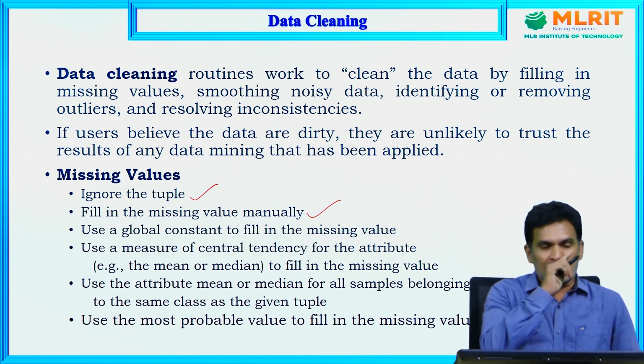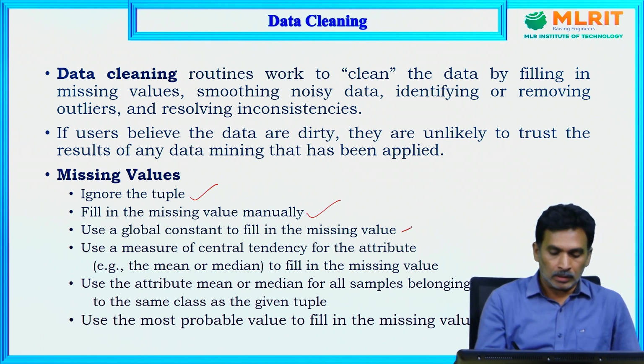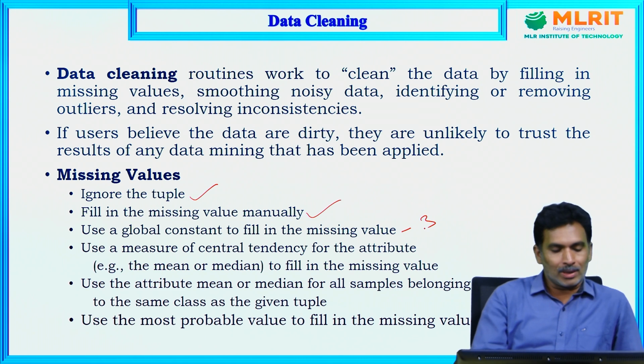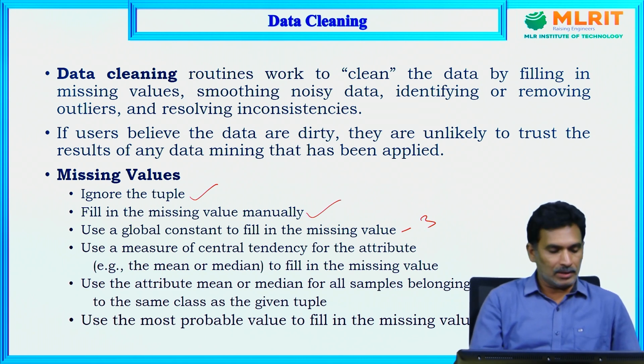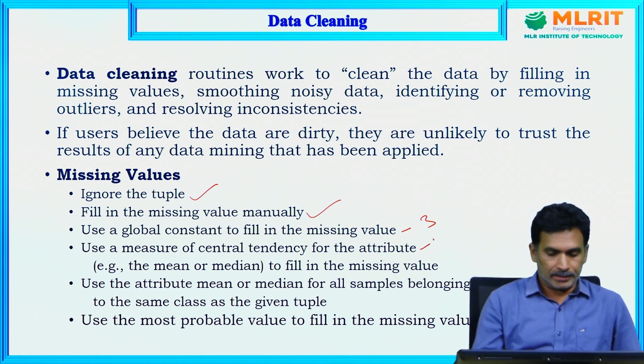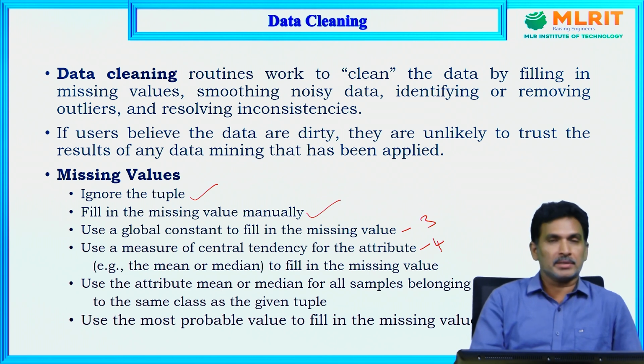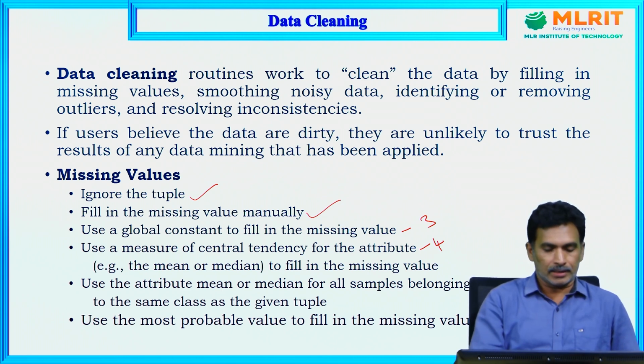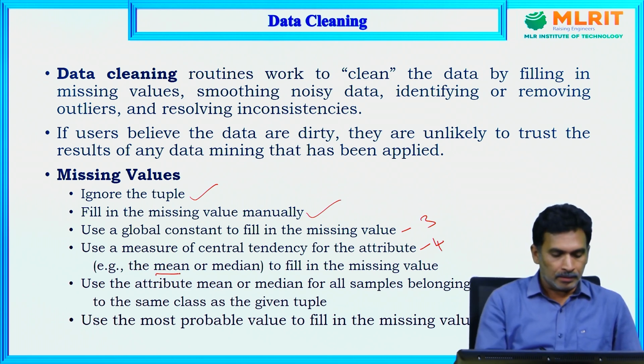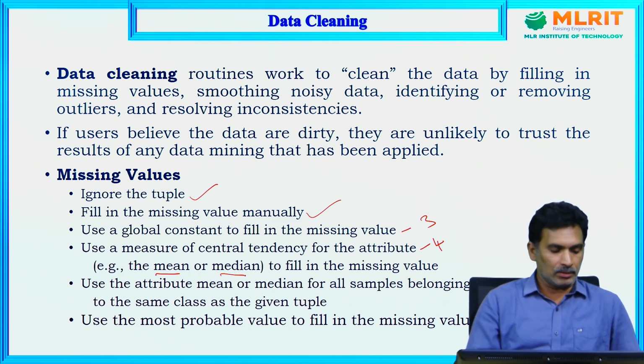The third method is using a global constant to fill in the missing values. And the fourth method, we use central tendency measures like the mean and median to fill in the missing values.